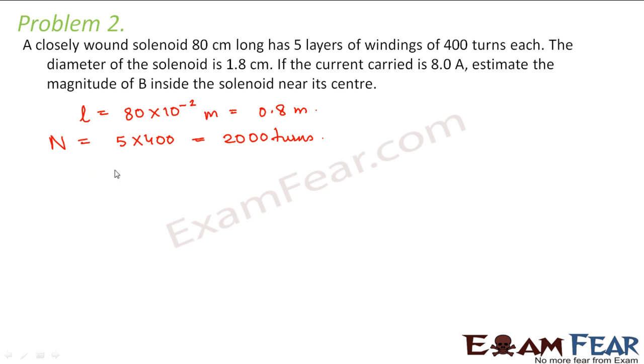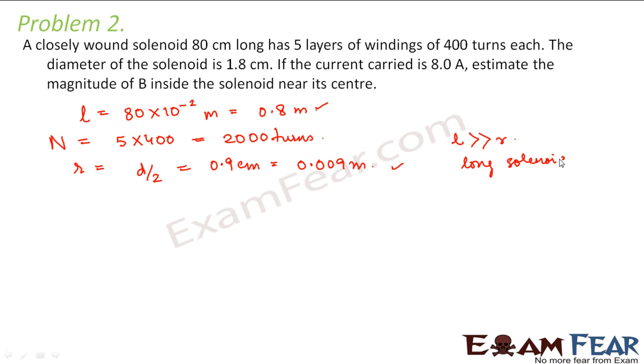The diameter of the solenoid is 1.8 centimeters. So what is the radius? That is diameter by 2, which is 0.9 centimeters, that is equal to 0.009 meters. If you compare the length and the radius, length is very large than radius, so we can consider this as a long solenoid.